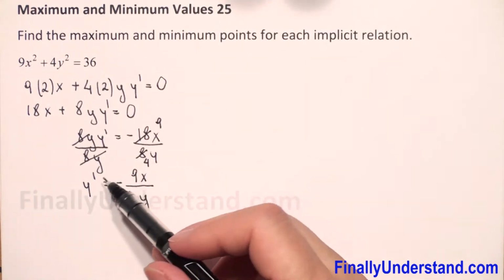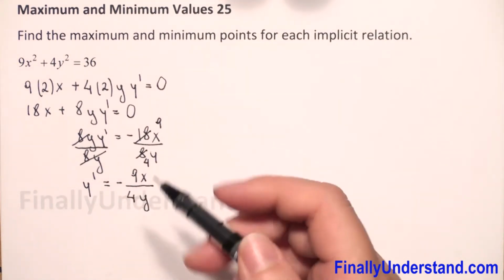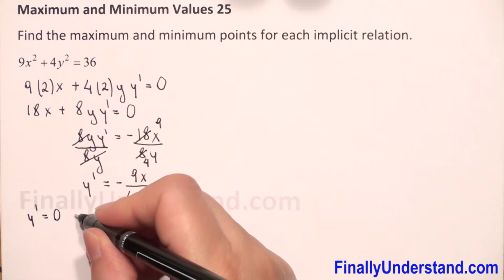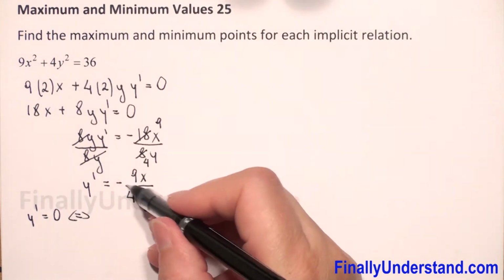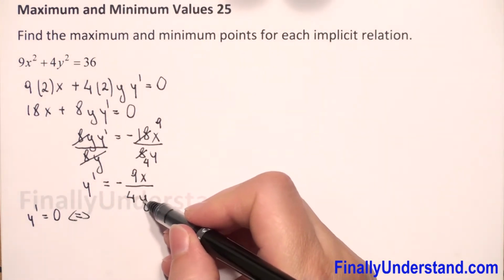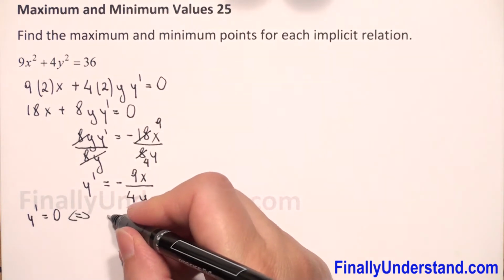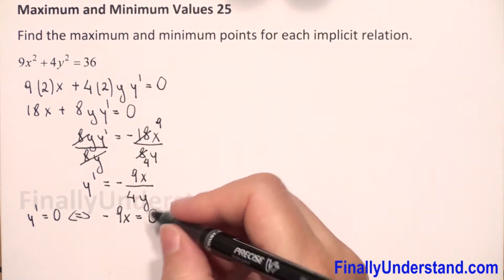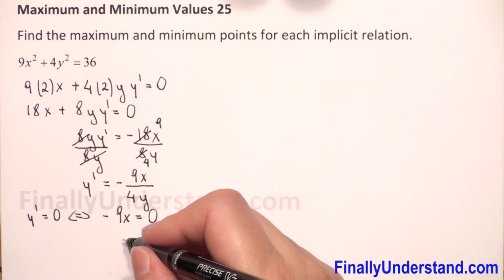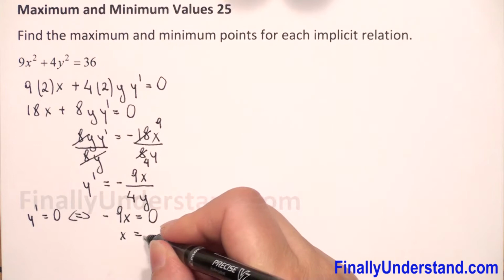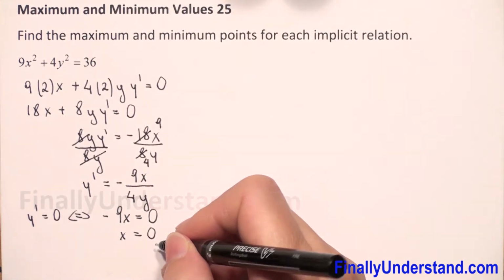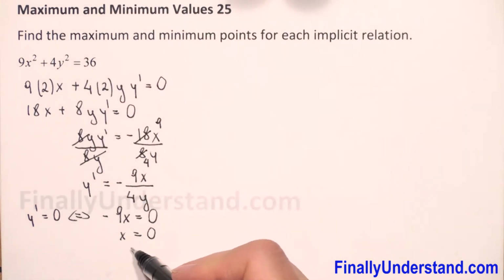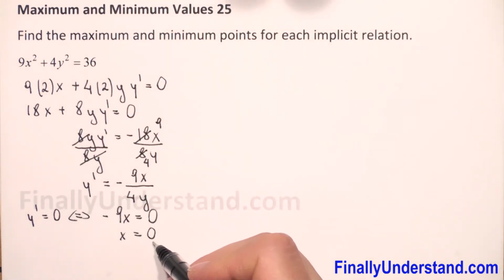So now we have to set our derivative equal 0. Y prime will be equal 0 if and only if numerator will be 0, because the denominator cannot be 0. So we have negative 9x is equal 0. We divide both sides by negative 9, so we have x equals 0. Now we will go to original our function and we replace x by 0.